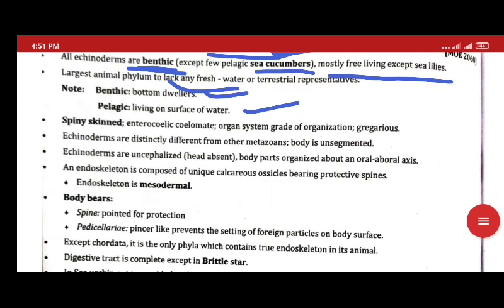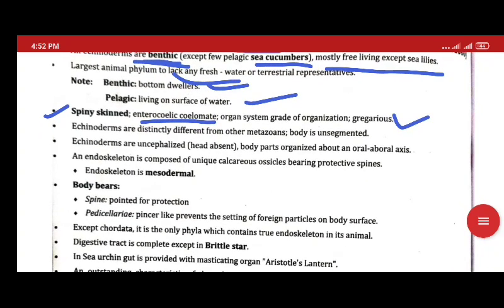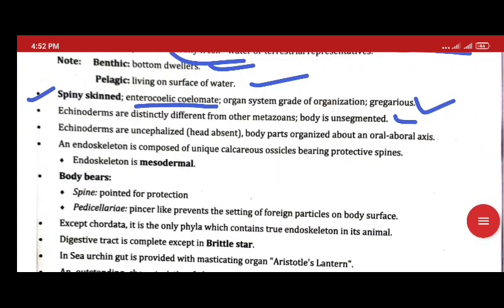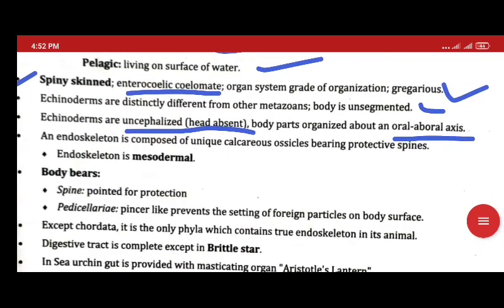Now spiny skin, the phylum is named for its spiny skin. Coelomate organ system classification. Echinodermata differ from other metazoa: the body is unsegmented and the head is also absent, so it is unsegmented and uncephalized. Oral and aboral: oral is like the mouth and aboral is the anus part.